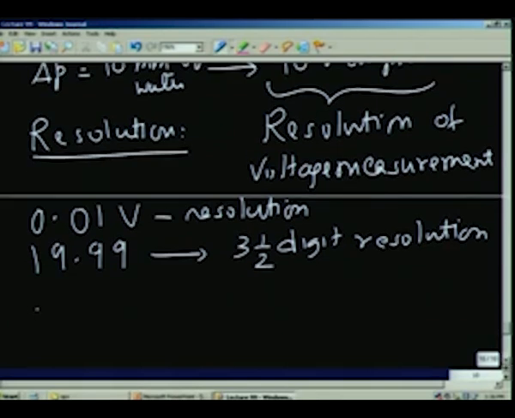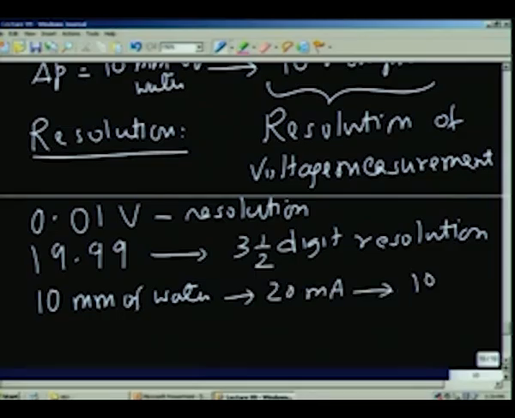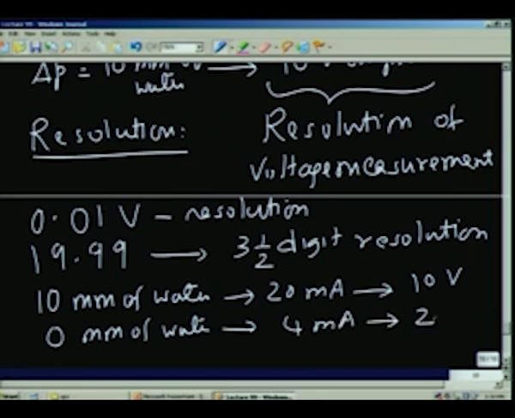So, we have 10 millimeters of water corresponds to 20 milliamperes, which now corresponds to 10 volts. So, you can see that at the other end we have 0 millimeter of water corresponds to 4 milliamperes, this corresponds to 2 volts. Okay.